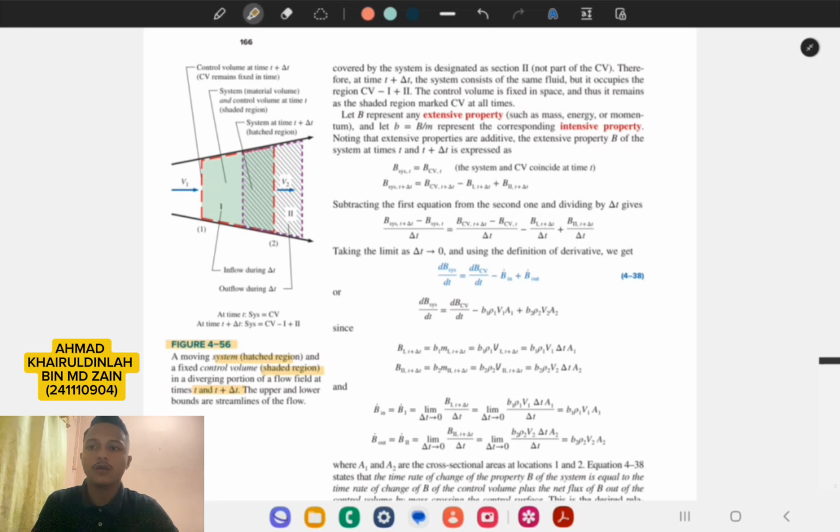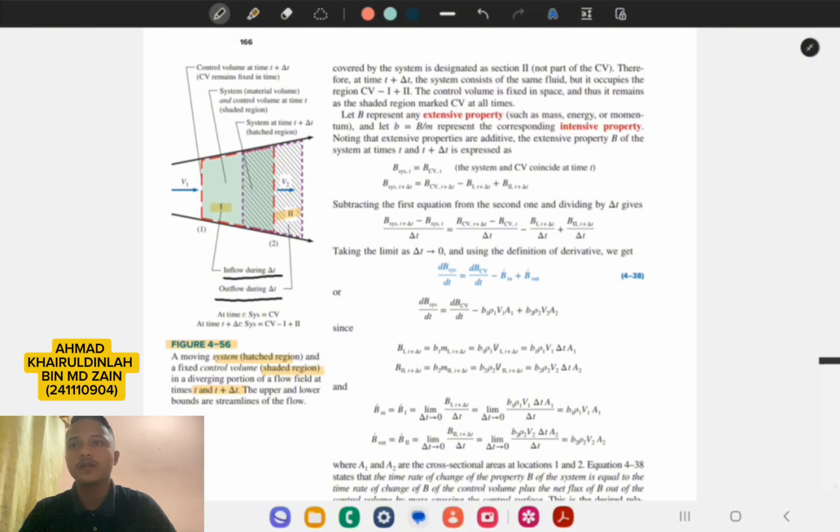The upper and the lower bounds are streamlines of the flow. So when we look at the figure, there is the green shaded region that we call section 1, and the shaded region that we call section 2. Section 1 is the inflow during the interval time, and section 2 is the outflow during the interval time.